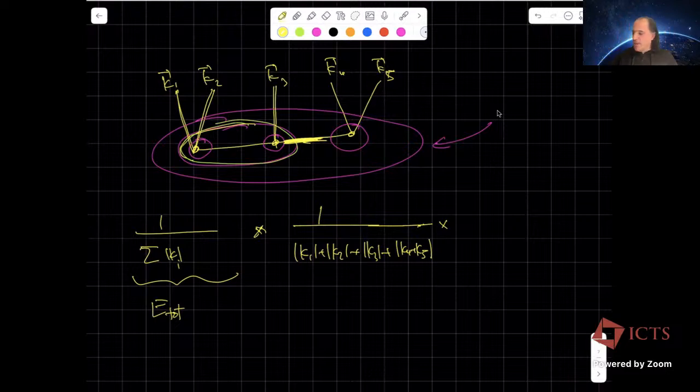Okay. So that's a picture for a single diagram. We look at all the tubings. We multiply this factor of one over all the energies coming into the tubings, and that's it. That's as opposed to the amplitude, where we just multiply one over all the Lorentz invariant propagators.